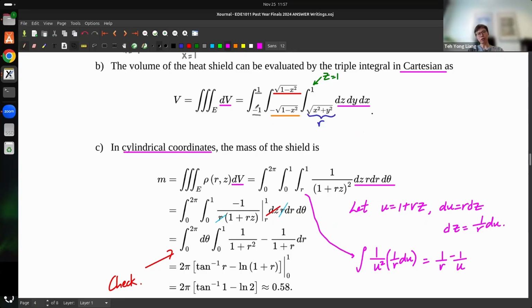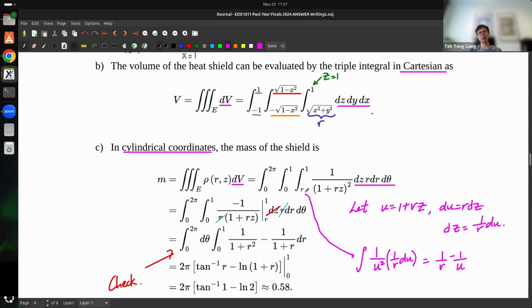This volumetric region in Cartesian is exactly the same region as in cylindrical. It's just that you are integrating in different coordinate systems. The solid region is exactly the same, so z equals r to z equals 1 remains.